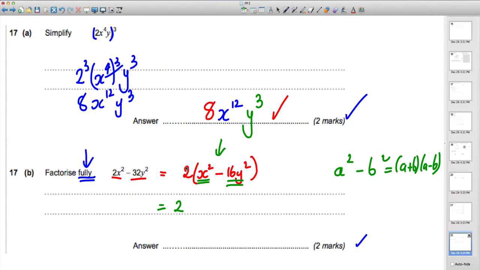So keep the 2 where it is. This must be x plus 4y, another bracket, x subtract 4y. Okay? Because x squares to x squared and 4y squares to 16y squared. So this is a kind of tricky thing here. A lot of students will struggle with it. Try and be one of the students who gets those right.